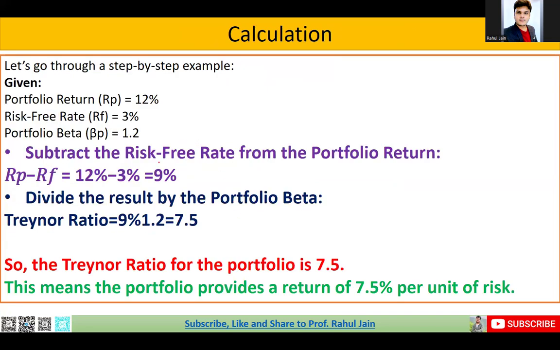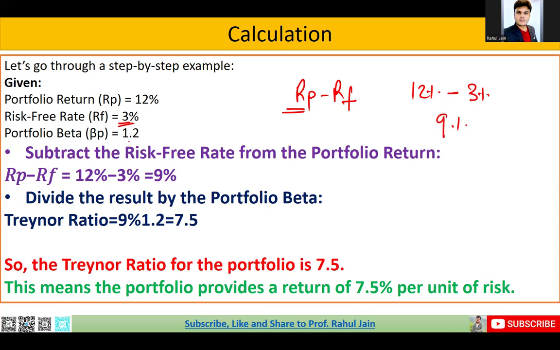We only need to put the values in the formula RP minus RF. So the portfolio return is 12%. Subtract RF, that is the risk-free rate, that is 3%. You may get that from fixed deposits, recurring deposits, or any bonds, gold bonds, government bonds, industrial or corporate bonds. So if the data is given like that, I am getting 9% here.